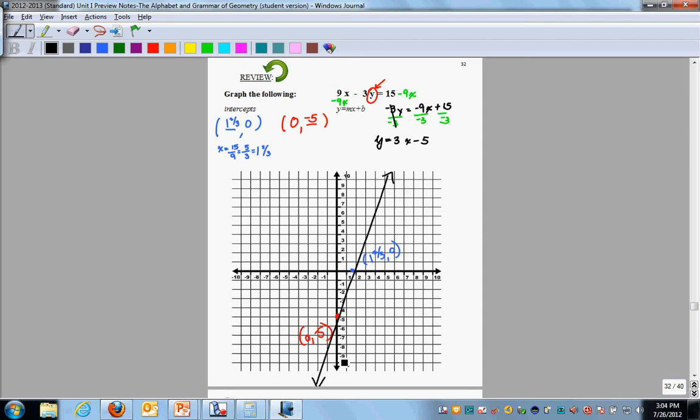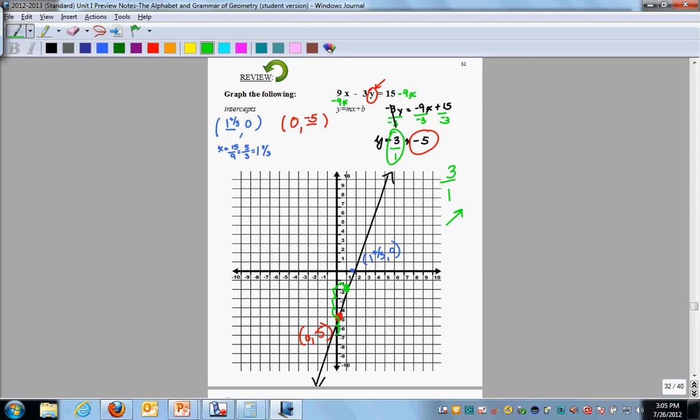Or another way we can do this is by using y equals mx plus b. We're going to start by graphing, again, our y-intercept, which is negative 5, which we already have. And our slope is going to be positive 3 over 1. That's our slope, so we know it goes up from left to right. So we go up 3, 1, 2, 3, and over 1.